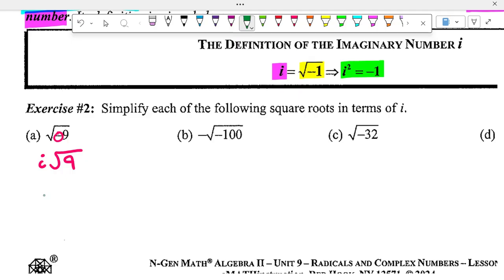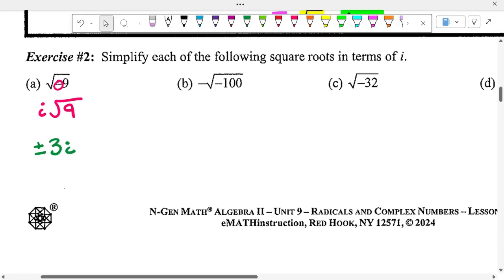So is it just 3, or what do we have to put in front of it? It's 3, but something has to go in front of it. Is it just positive 3? Plus or minus. This would be plus or minus 3i, because the imaginary number doesn't go away.